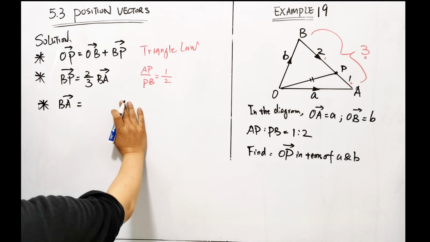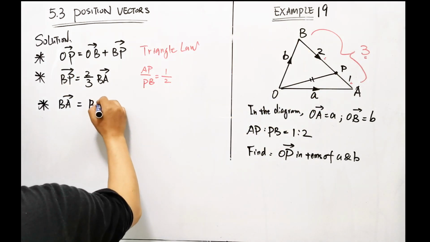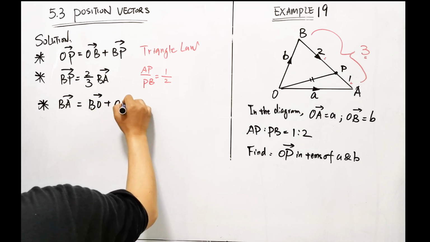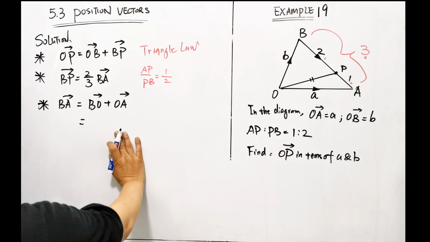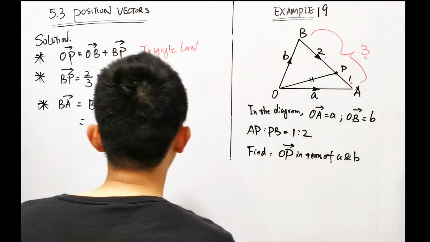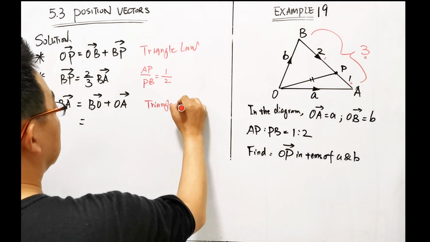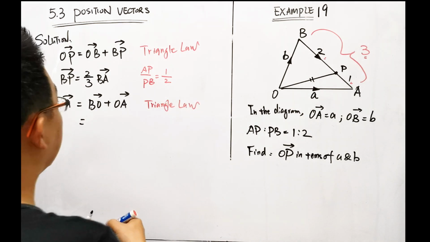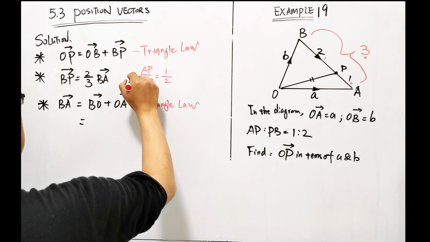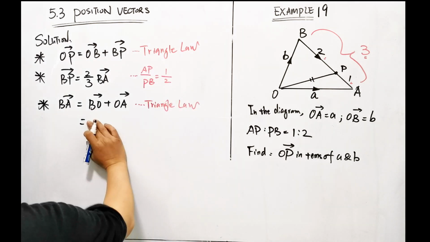BA equals what? Use the triangle. BA is BO plus OA, right? Here we use the triangle again. So what do we get?